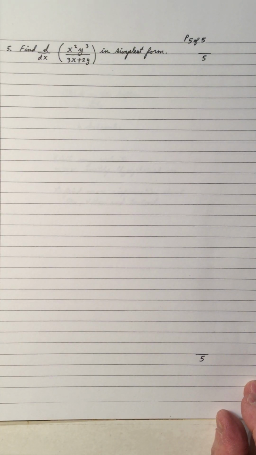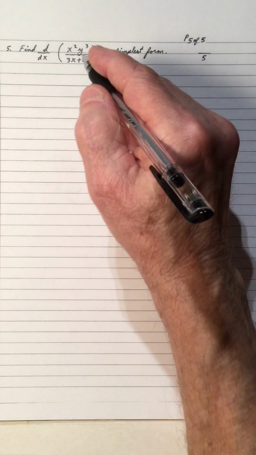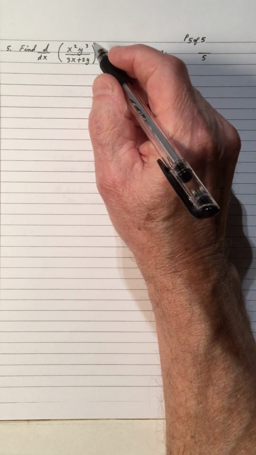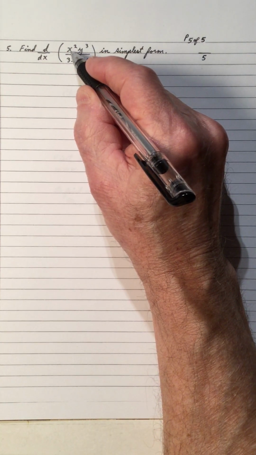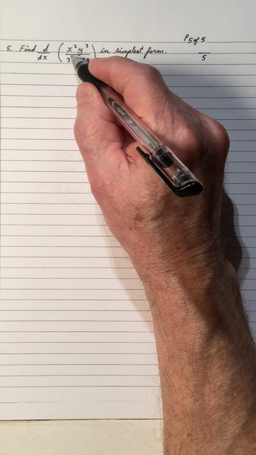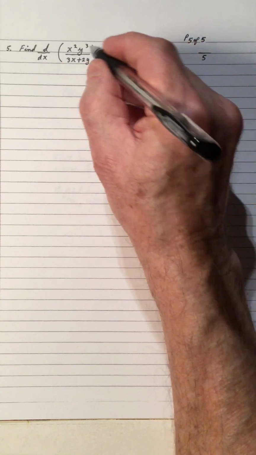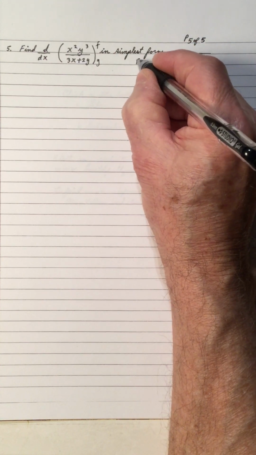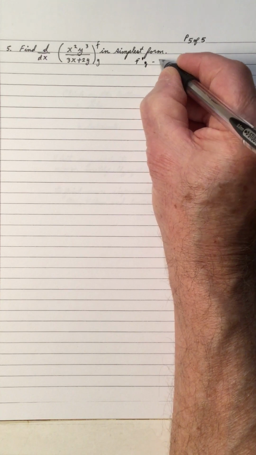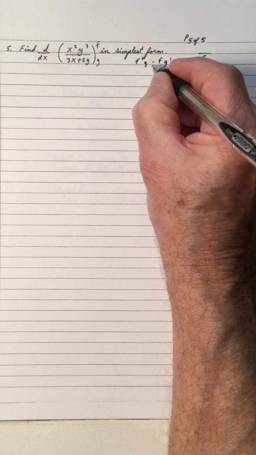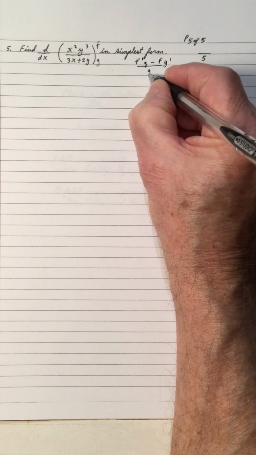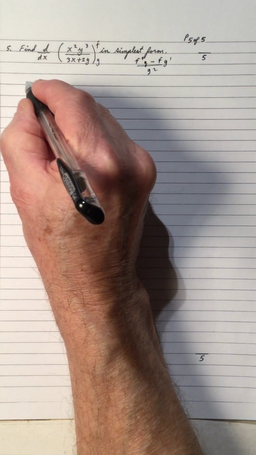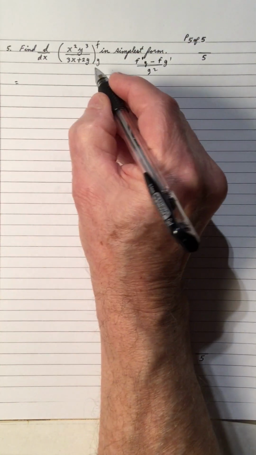And one more question. Find d/dx of this expression. So we have x squared y cubed over 3x plus 2y. And again, this is a quotient. This is f and g. And the formula is f prime g minus f g prime all over g squared. So when we do the derivative, we just have to be careful here.